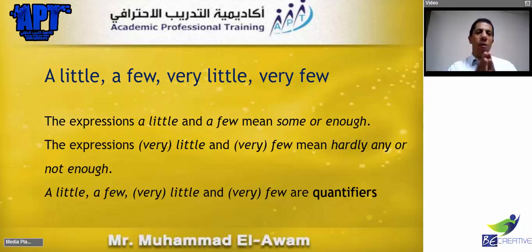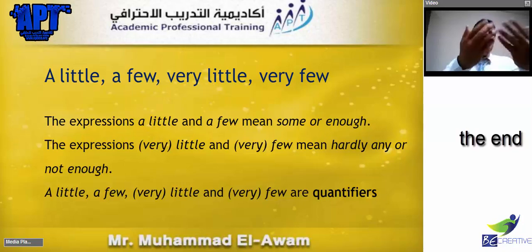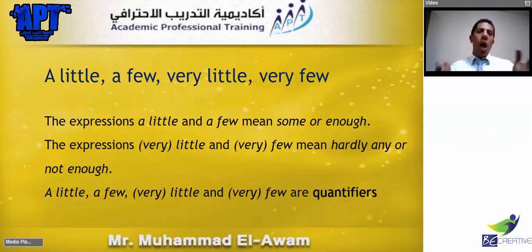I have the needed amount. For example, I need 3 pens to finish my exam, and I have 3 pens, or 4 pens. I have enough pens. Okay, I have what I need. Or I have some pens, maybe 5, maybe 6, I don't know, but it's okay. I can do it.